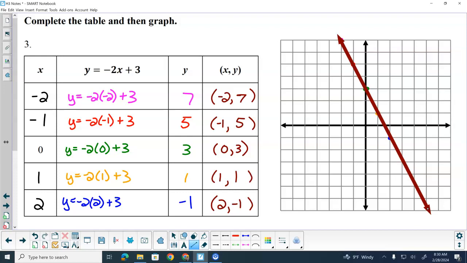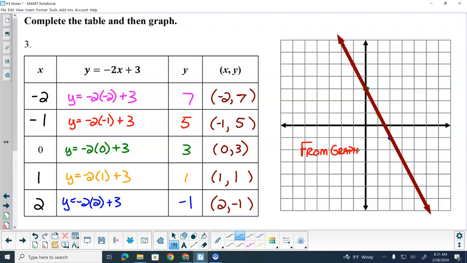Okay? Now, we just learned that the slope of a line is the rate of change, the rise over the run. So let's figure it out now from the graph. Anybody remember what the symbol for slope was?